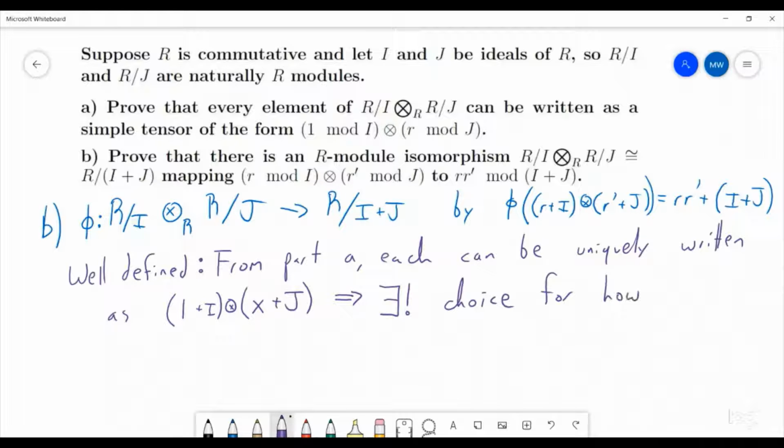So just convert everything to 1 plus I tensored with something mod J. And so from here we can uniquely define how phi acts. So this is uniquely defined, so this is going to be a well-defined function. Next step, we're going to need to prove that this is a bijection. So let's start with surjective.